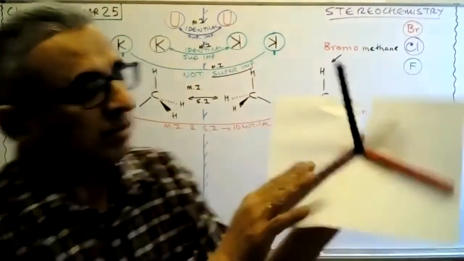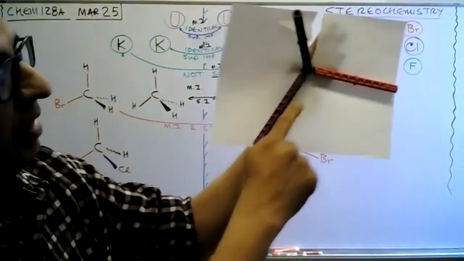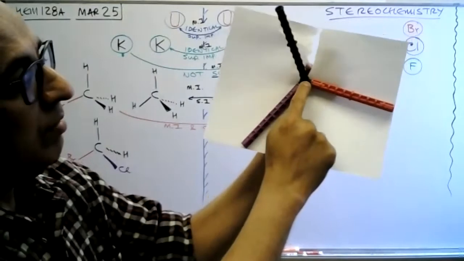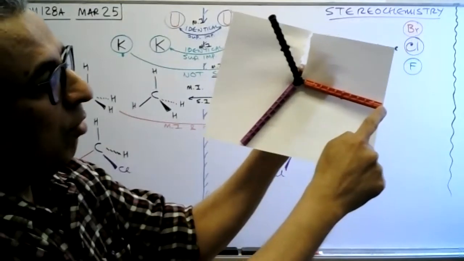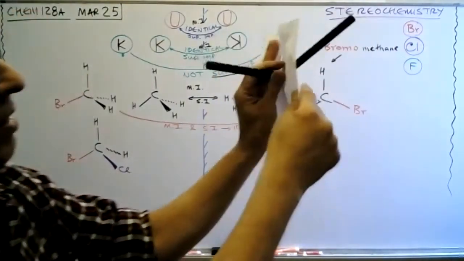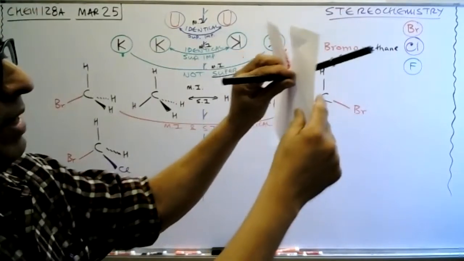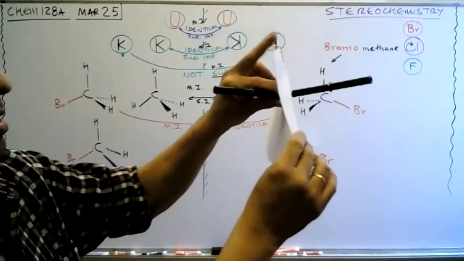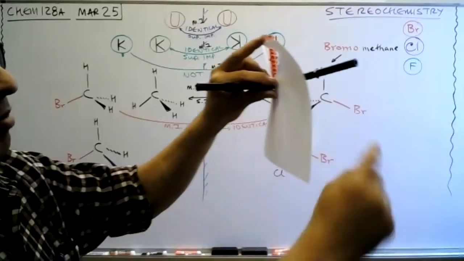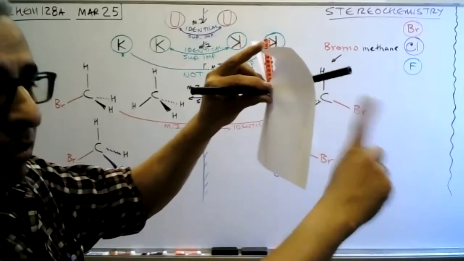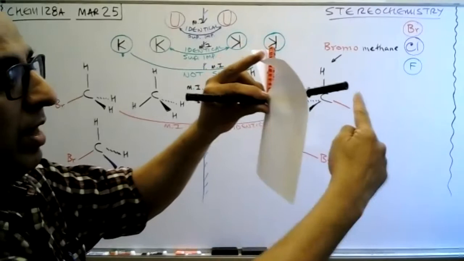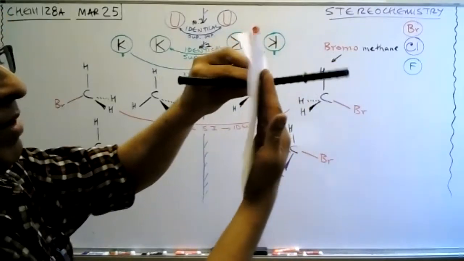If you think about this plane, the plane that holds the central carbon and the bromine and the chlorine, that's a symmetric plane, because the hydrogens are on the two sides, one here and one here.